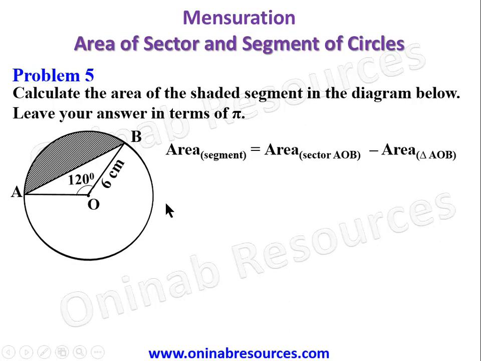It is necessary sometimes to label your diagram so that you can always make reference to it easily. So now the area of sector AOB is still theta over 360 pi r squared.